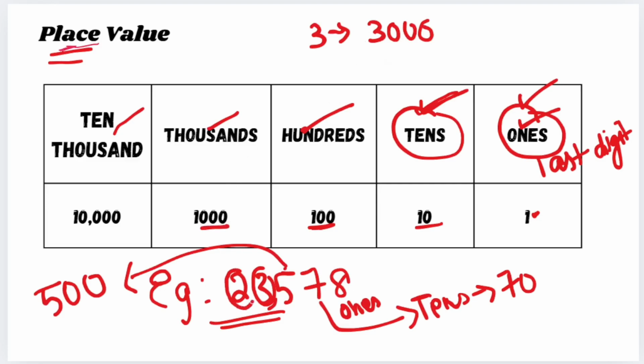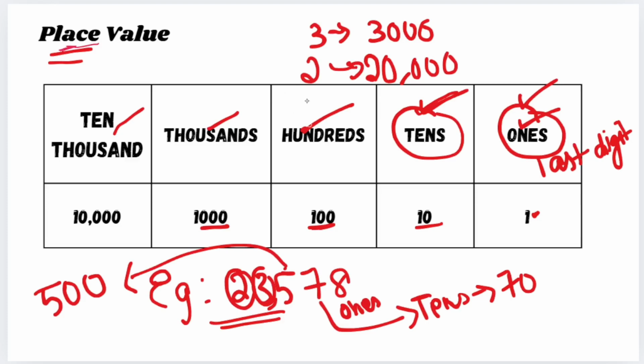Then the last digit is 2. 2 is in the place of 10,000. So how many zeros are there? 4 zeros. Then 2, 0, 0, 0, 0. Fine? 4 zeros. Can you understand this? This is a basic place value table.